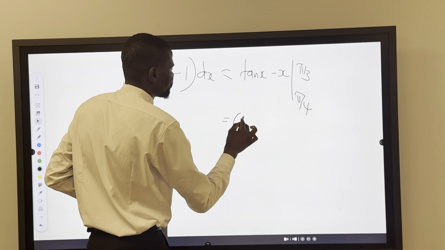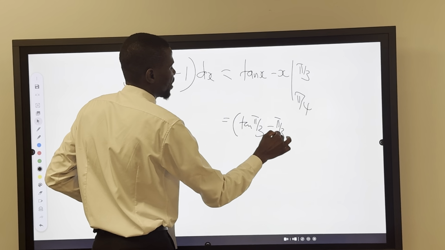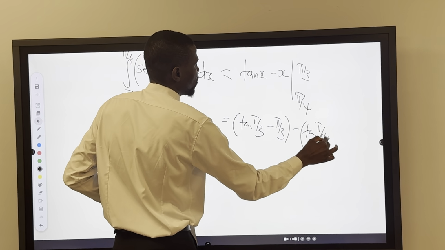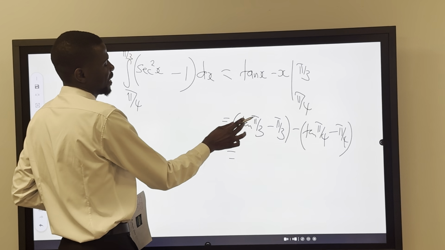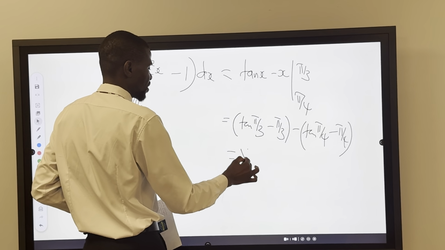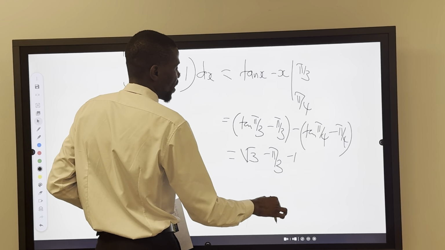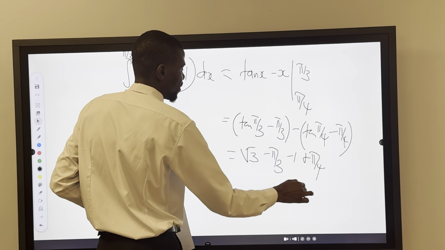So it's going to be tan pi over 3 minus pi over 3, subtracting tan pi over 4 minus pi over 4. So tan pi over 3, which is tan 60, is root of 3. So it's square root of 3 minus pi over 3, minus 1, since tan 45 is 1, then plus pi over 4.